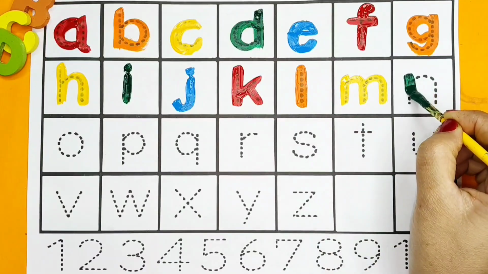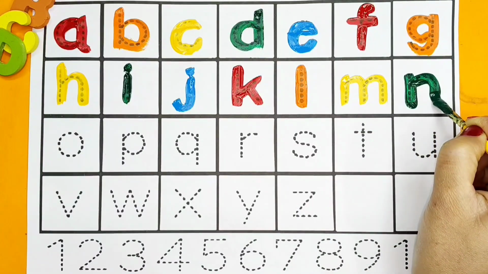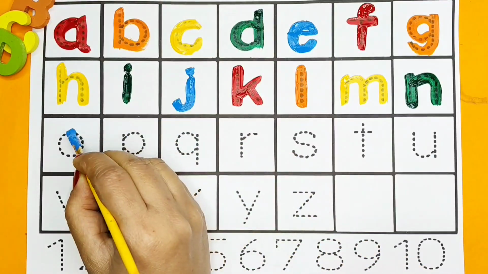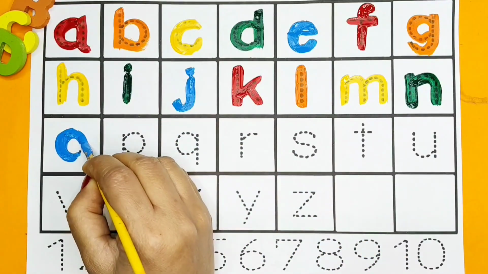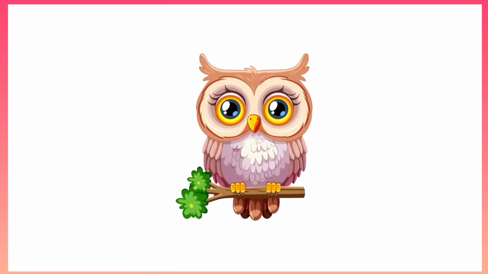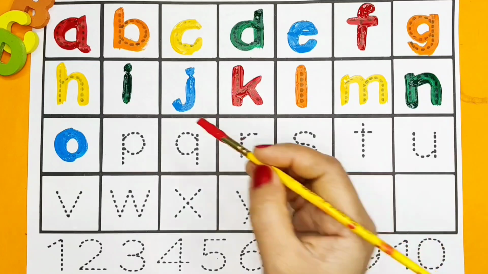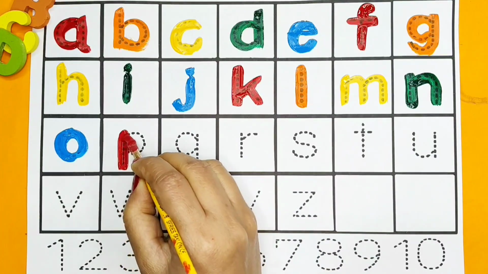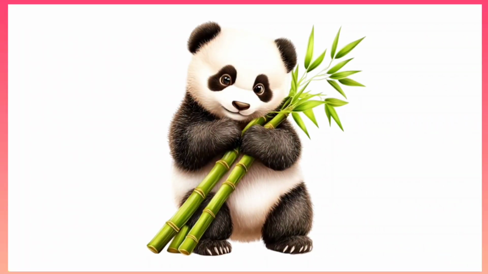Dark green color N. N for nest. Sky blue color O. O for owl. Red color P. P for panda.